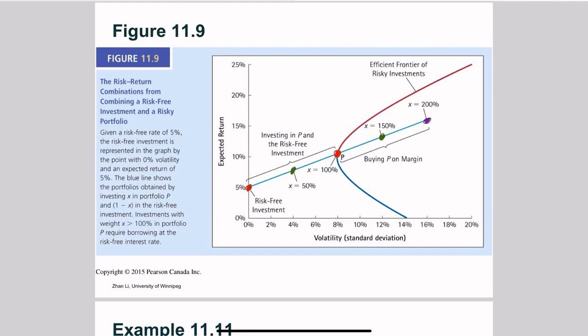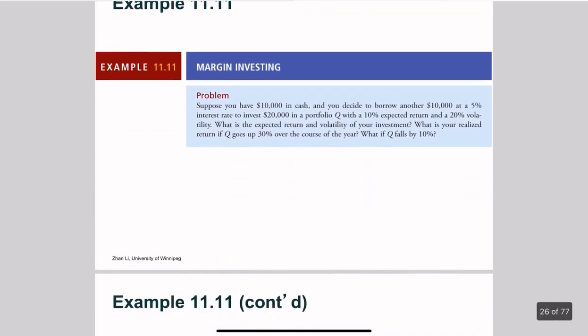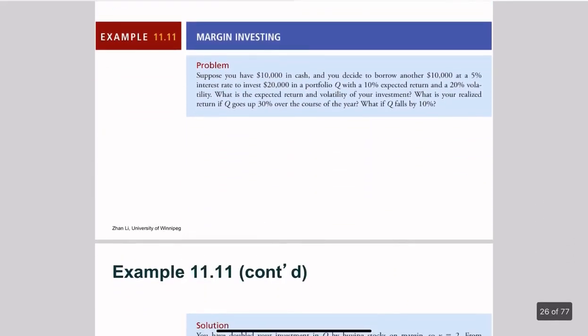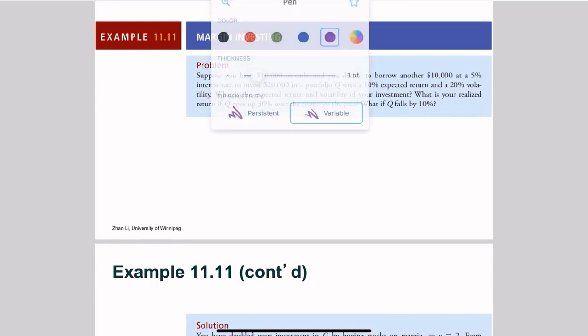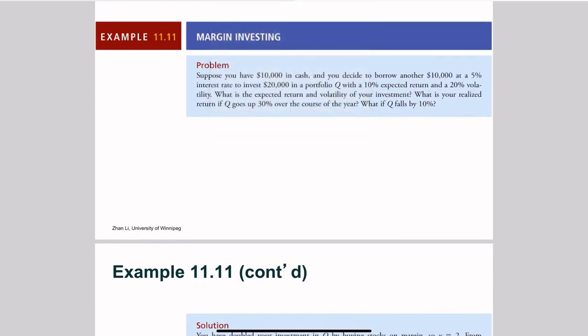Okay, now let's look at the next example. Let's say you have $10,000 in cash, and you want to borrow $10,000 at a 5% interest rate to invest $20,000 in a portfolio Q with a 10% expected return and 20% volatility.